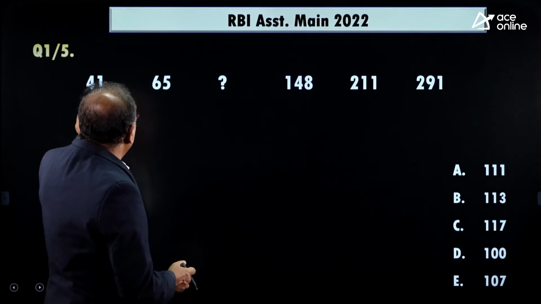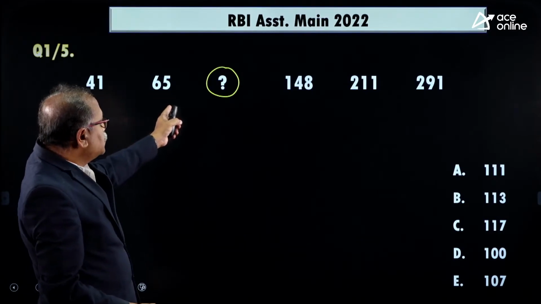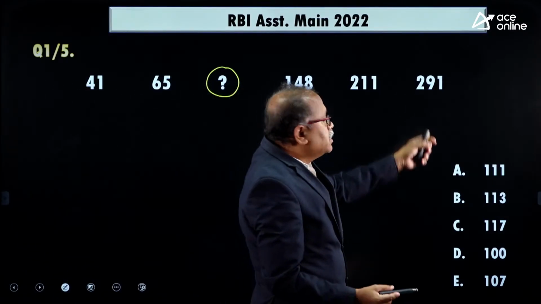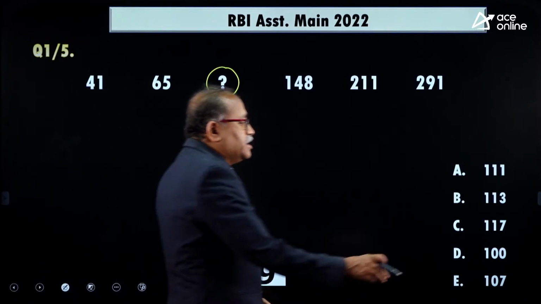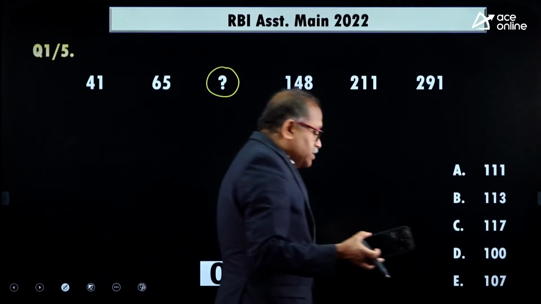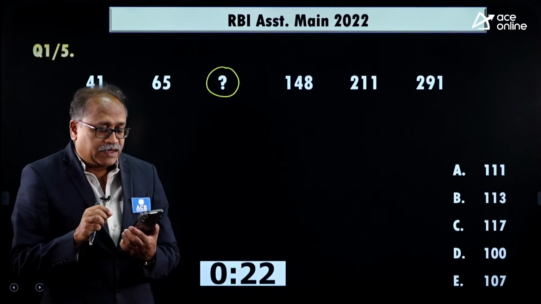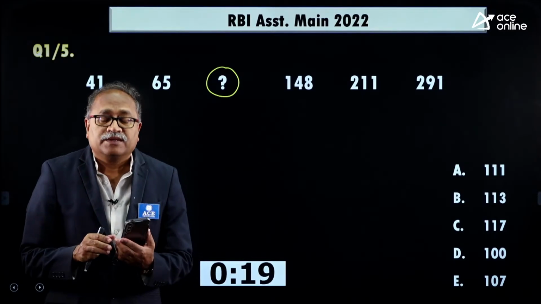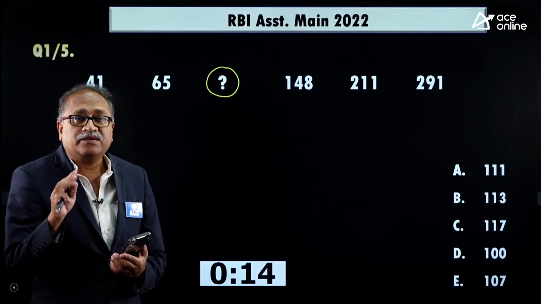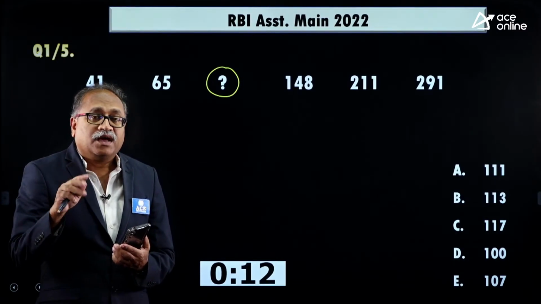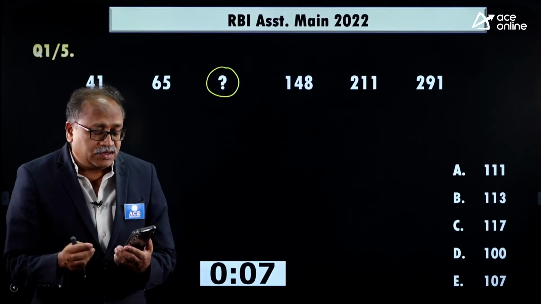I noticed that there is a question mark over here. So I can find the difference from here to here and connect the dots. Your time starts now, my dear friends, 30 seconds. You have to be very perfect in number series, because we know 5 questions will come, and the moment you look at the question, you should understand what kind of logic is applicable.